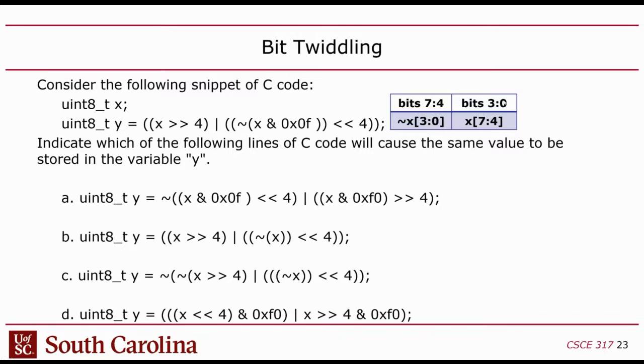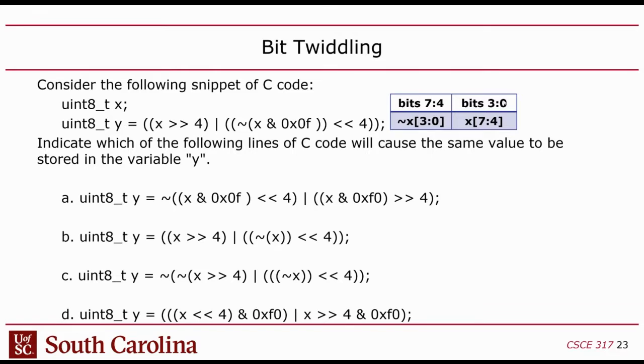And then I'm going to do an OR, which is a merge, and that works because I shifted in 0s. So anything I OR takes on whatever I OR with. And then I take x and bit mask out the lower 4 bits, with a hex value F, which is 1111.